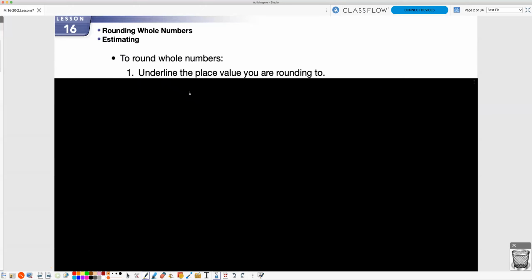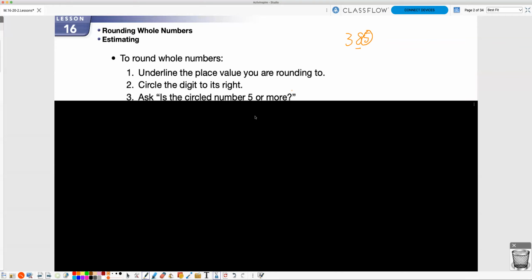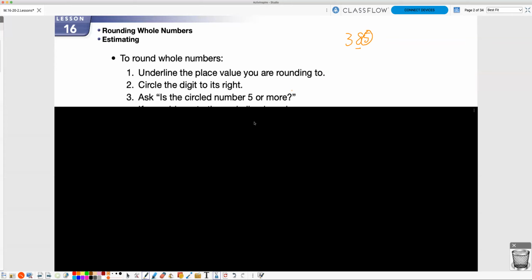To round whole numbers, you can underline the place value you're rounding to. So if we had 385 and we wanted to round it to the nearest tens, we'd underline the tens place. Circle the digit to its right, which would be the 5, and then ask yourself this question: is the circled number 5 or more?